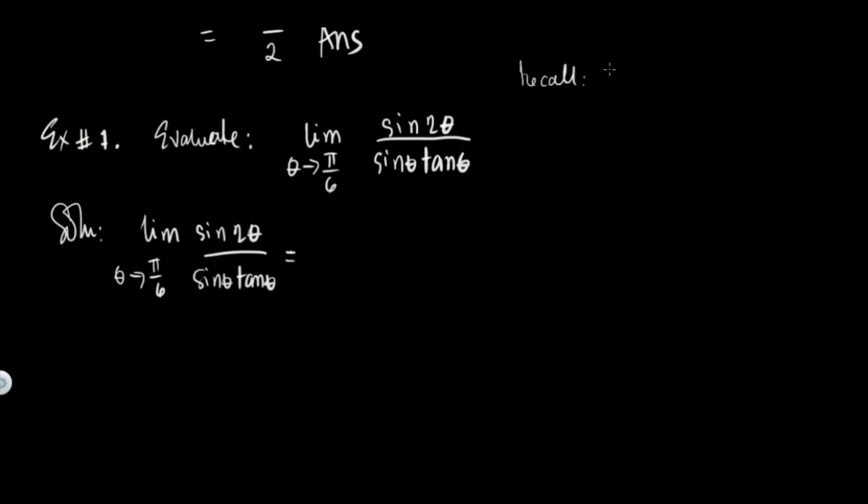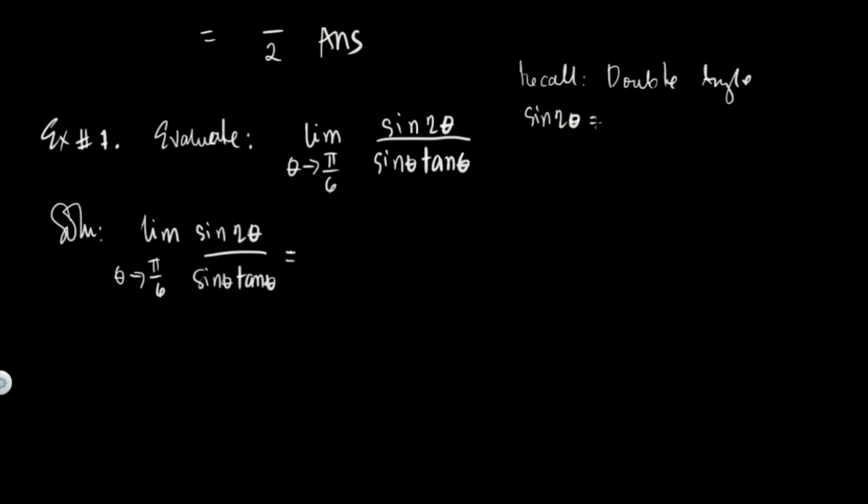Okay, recall your double angles, no? Double angle formula. So, okay, sine 2 theta is equal to 2 sine theta cosine theta. Paano kung nakalimutan mo? So, pwede mo pa yung i-derive using sum of two angles.